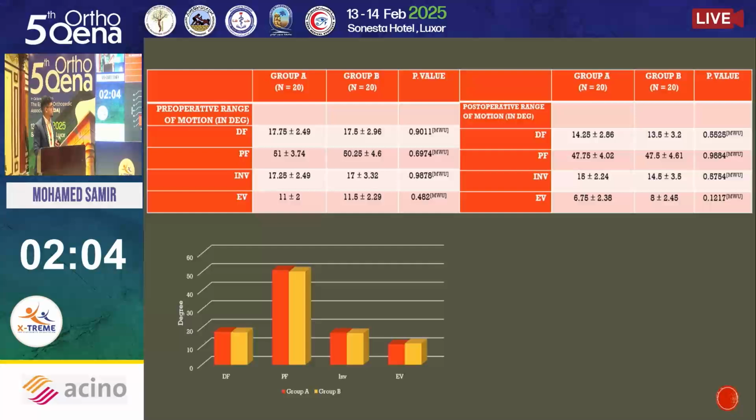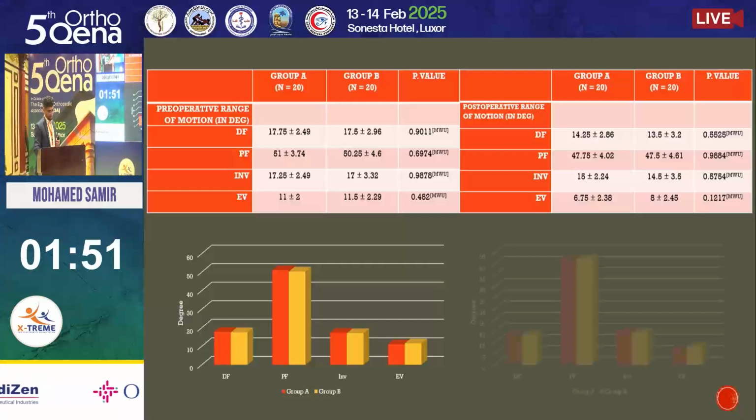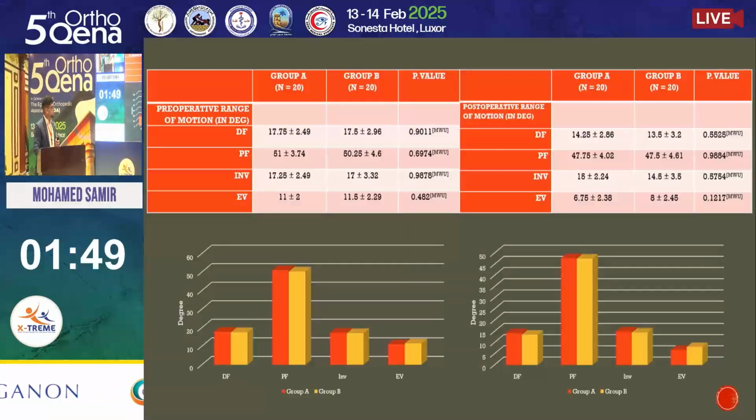According to the range of motion, we compared between the two groups the pre-operative range on the intact limb and the post-operative range of the fractured limb.